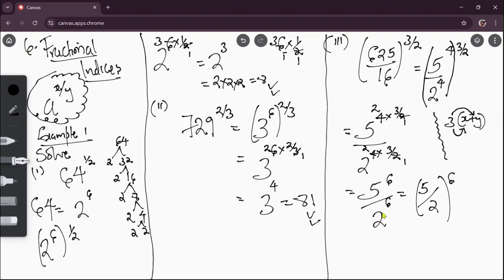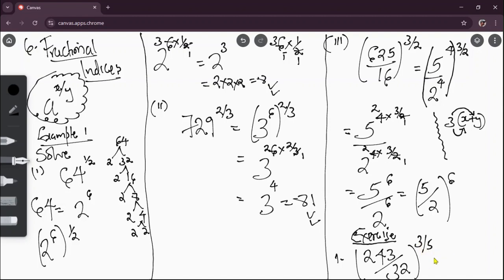These are the laws. I would wish to hear what you have to say, and I can leave one sum here as an exercise for you to attempt. 243 divided by 32, then all this raised to power 3 all over 5.